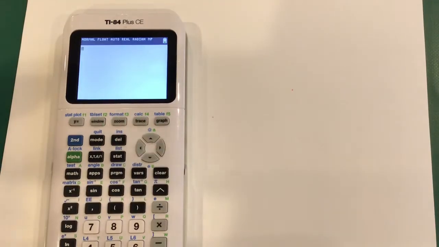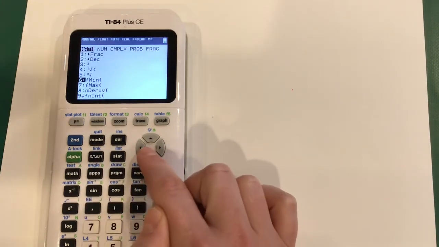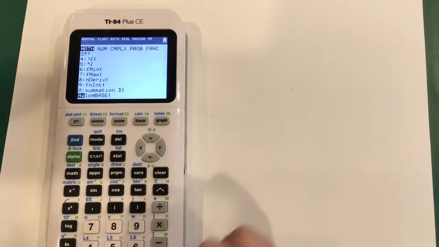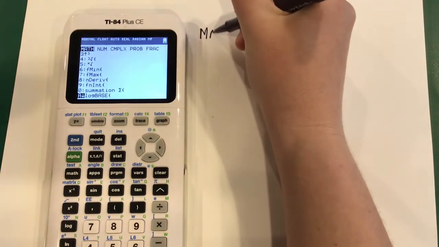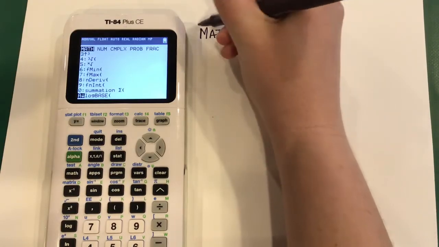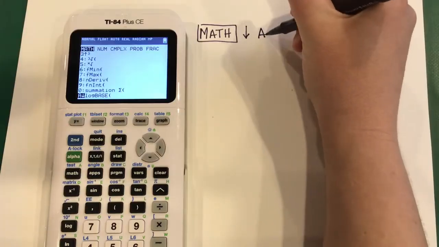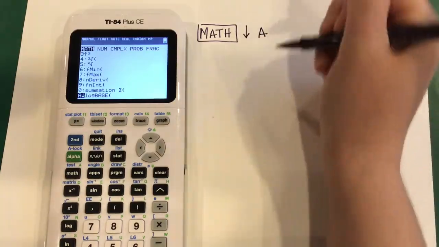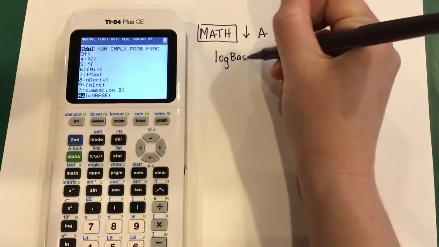Now, for those of you, if you want to check and see what you've got going on, if you hit your math button, and then you get to A. So I'll write it down, math, arrow down until you get to A, and it says log base.